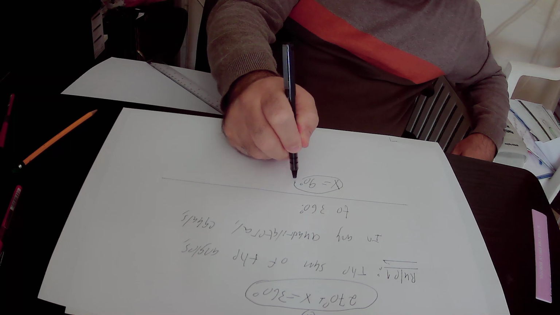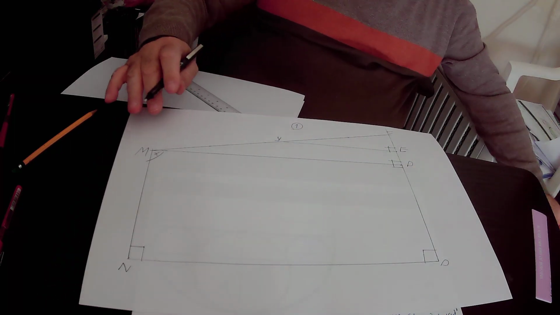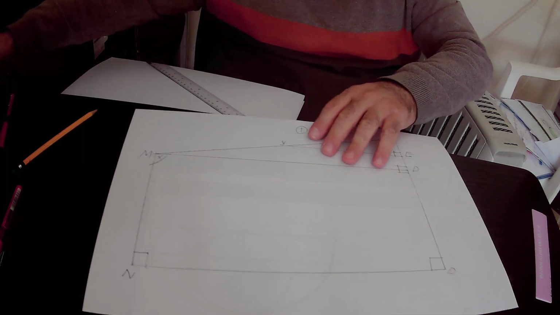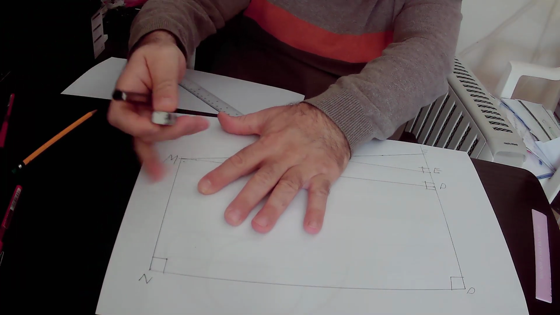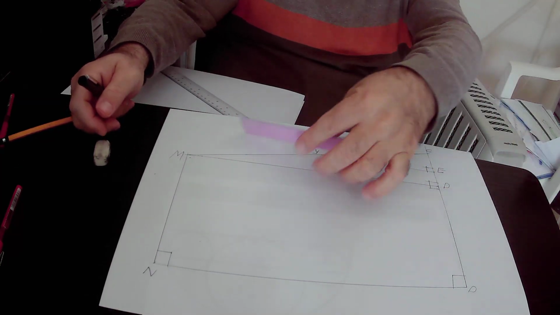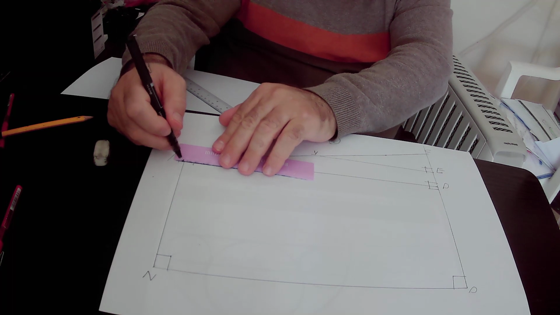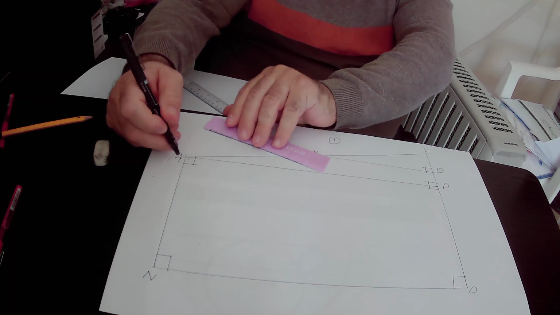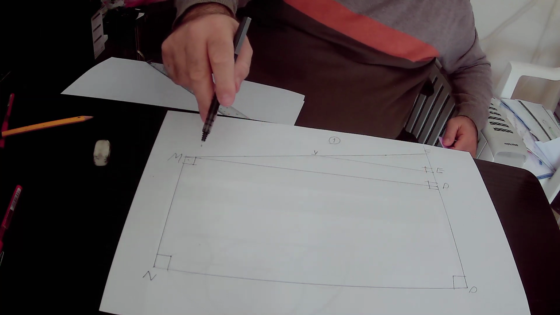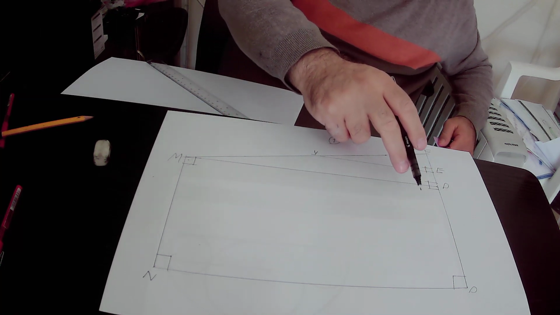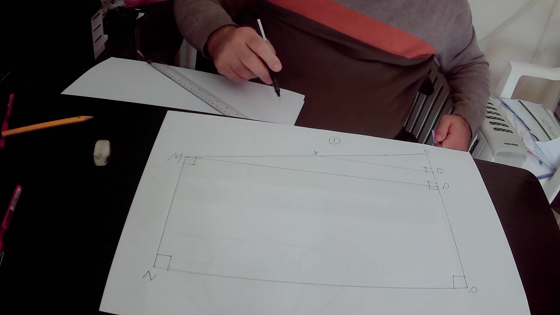So we found out that this angle is a right angle, it equals 90 degrees. So actually all four angles of quadrilateral MDON are right angles, they are equal to 90 degrees.